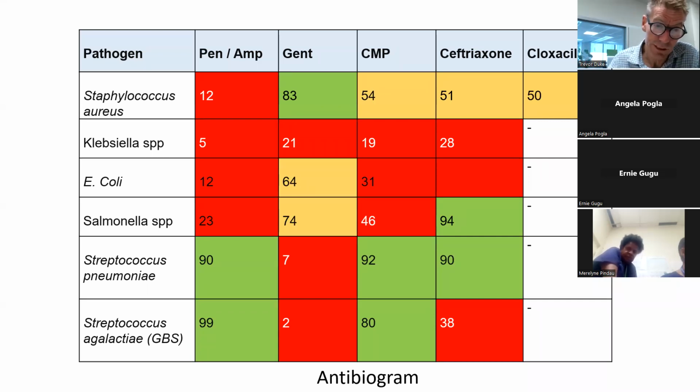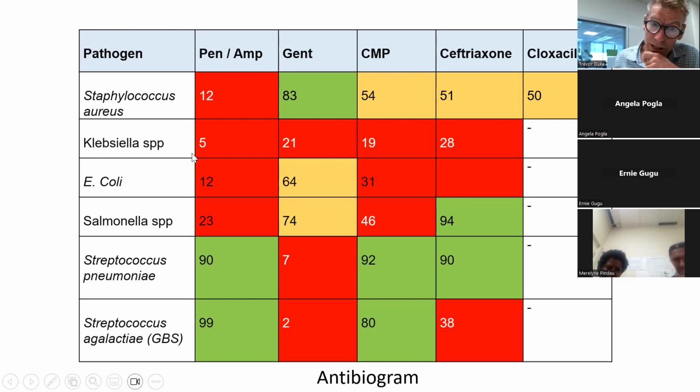I'm sure you've seen antibiograms before, but for example, we know now that of the Staph aureus, almost all of them are resistant to penicillin and ampicillin now. Most of them are still sensitive to gentamicin and still more than half sensitive to chloramphenicol. But you can see the amber is increasing resistance, green is susceptibility, and red is high levels of resistance.